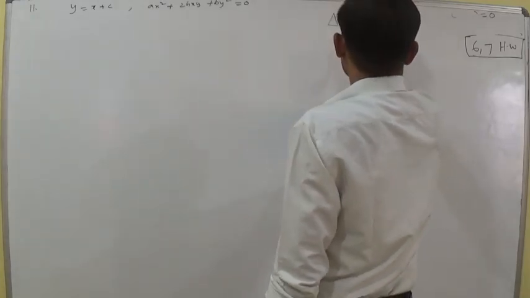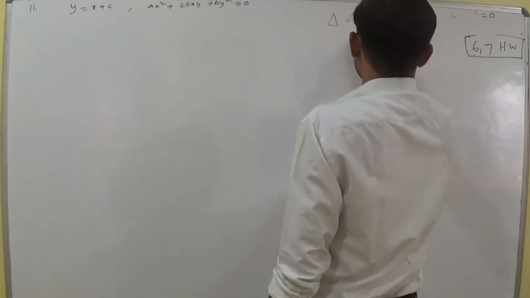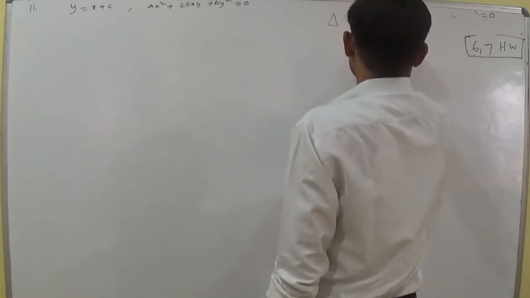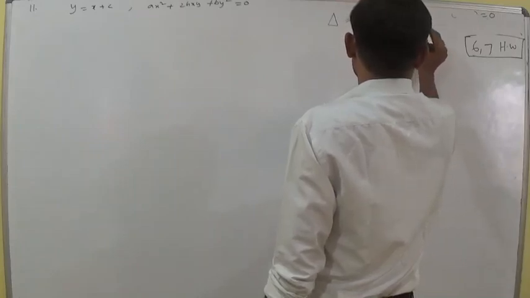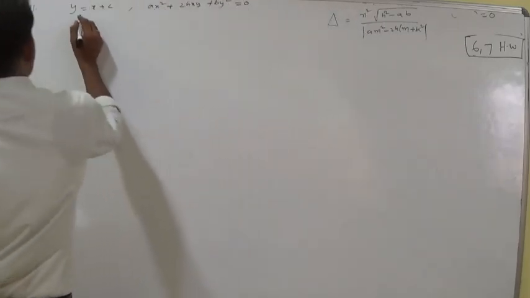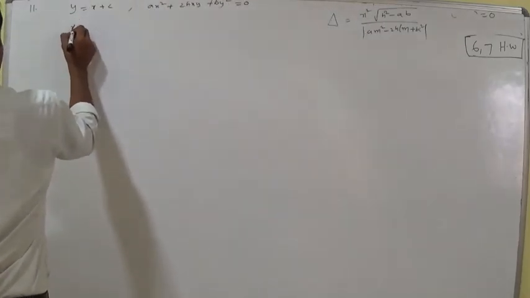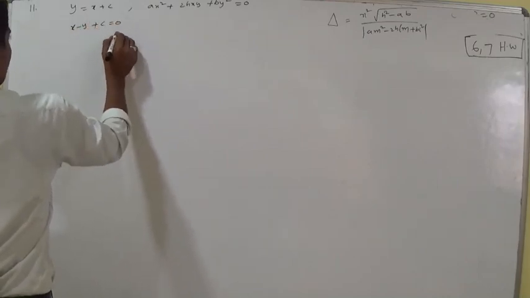n square square root of h square minus ab by modulus of am square minus 2hlm plus bl square. Here x minus y plus c is equal to 0.